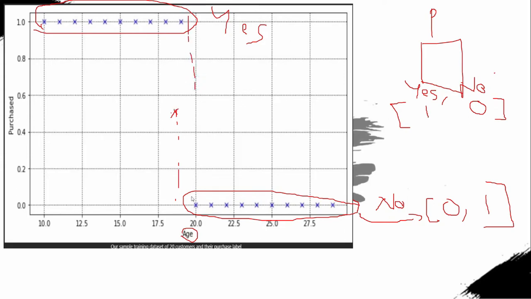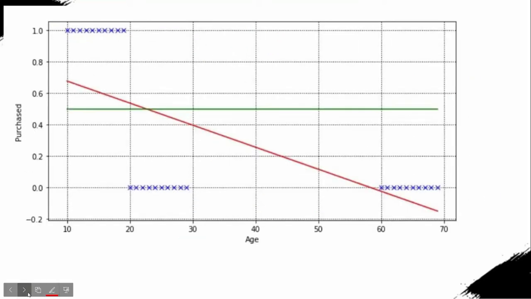Let me take a point in between. What about this point? Will it be purchased or not? Well, that is the scenario, and so we'll be dealing with classification problems, because the one with the greater probability is your correct class, as in this case, yes or no. So let me take this example.